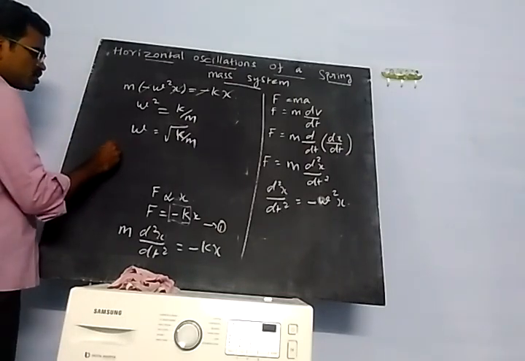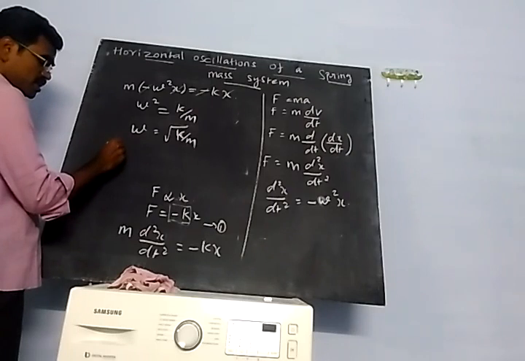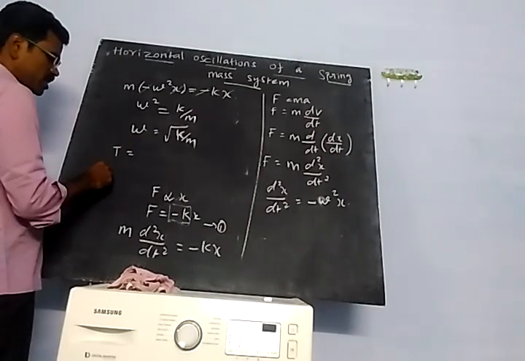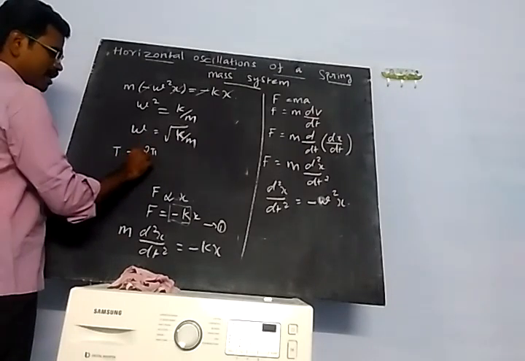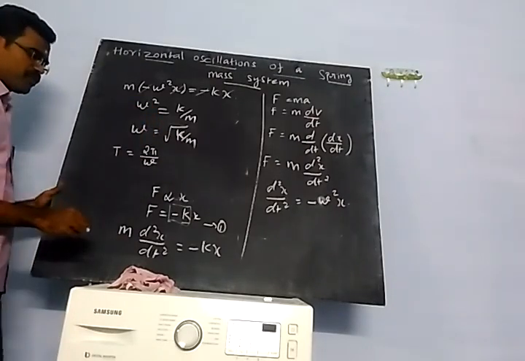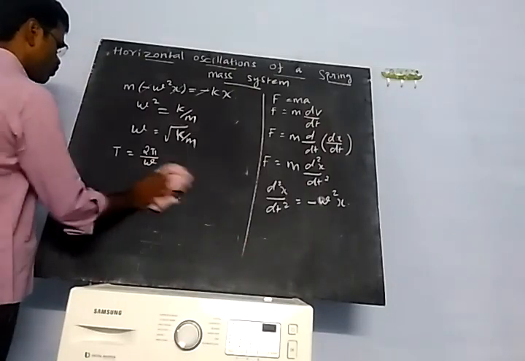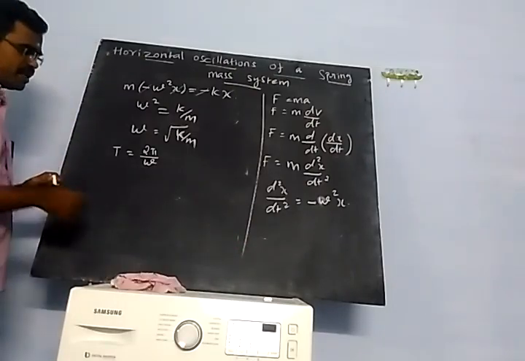Then the time period. How to define time period? T is equal to 2 pi by omega.